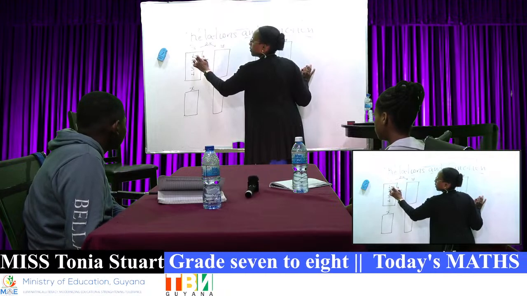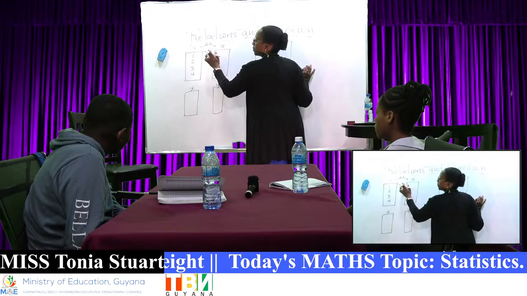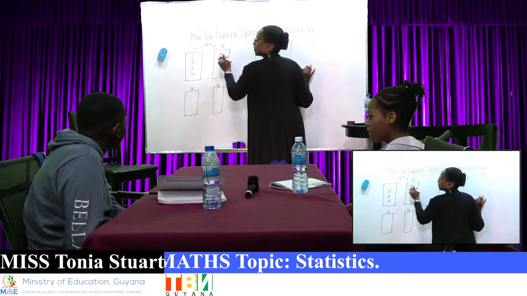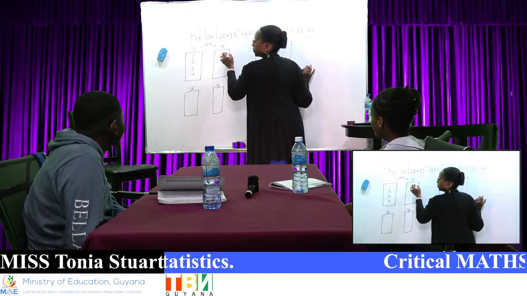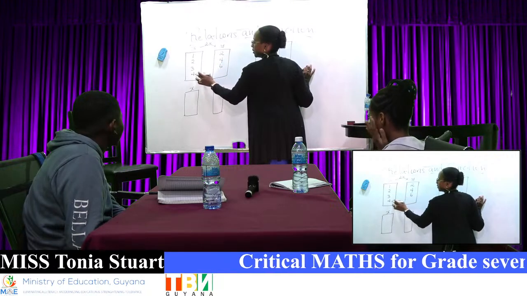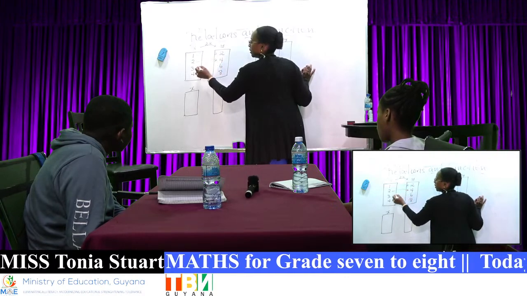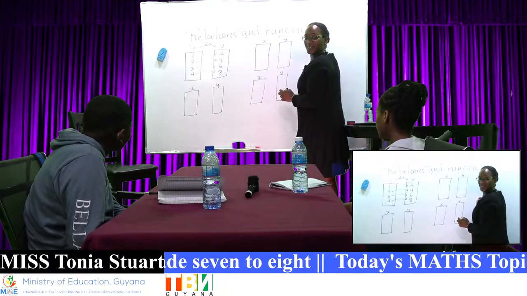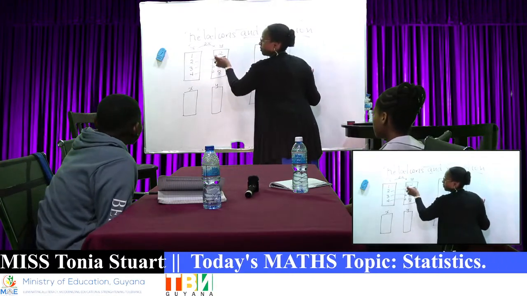If the value of X is 1, what would we get here? 2. Yes. Then 4, 6, 8. And that would create a one-to-one mapping. Agree? We don't have any two values coming over there.